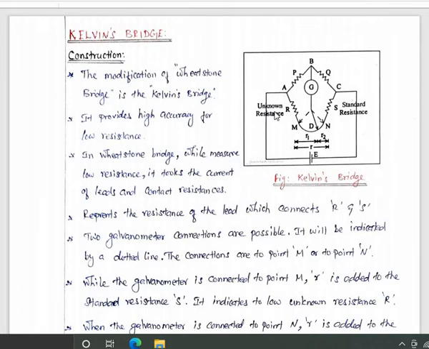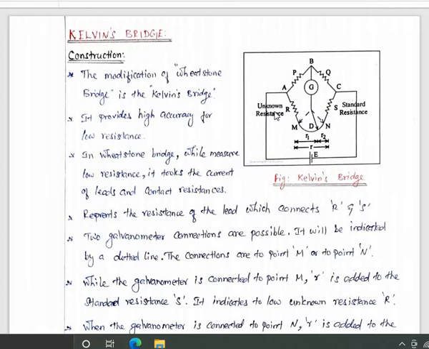Resistance of more than 1 kilo ohm should be measured by the Wheatstone bridge. In case you have to measure very low resistance, like 1 ohm or below 1 ohm, or below 1 kilo ohm, it is a very small resistance value to be measured using a Wheatstone bridge. It is difficult because some error will be created in the Wheatstone bridge.